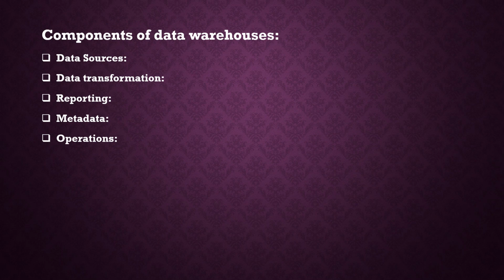Data needs to be passed from these systems to the data warehouse, either on a transaction by transaction basis for real-time data warehouses, or on a regular cycle like daily, weekly, monthly, etc. for offline data warehouses. Okay, these sources are used to collect the data to give to the data warehouse.